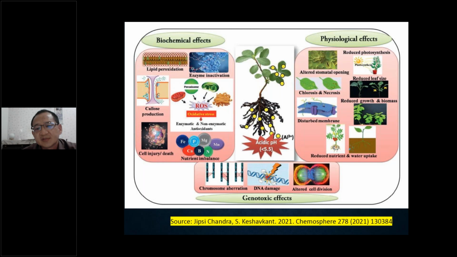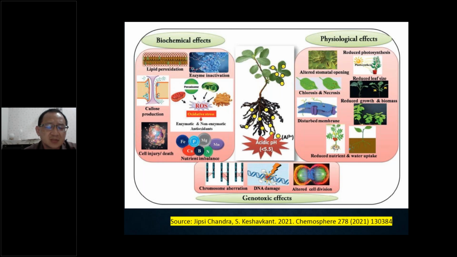We can, for example, look at disturbed membranes, look at the histological aspect under a camera, and at genotoxic effects at the molecular level, which is also what we call genotoxic ecotoxicology, which is very interesting as well.